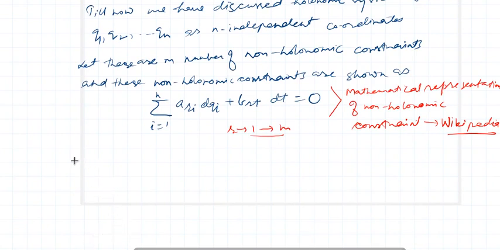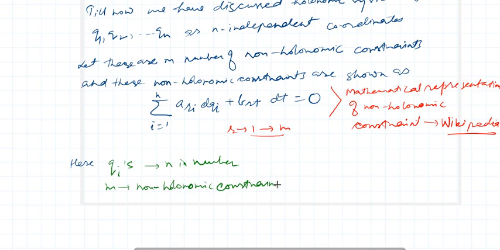So here q_i are n in number and m non-holonomic constraints. That means there are n minus m independent q's present.